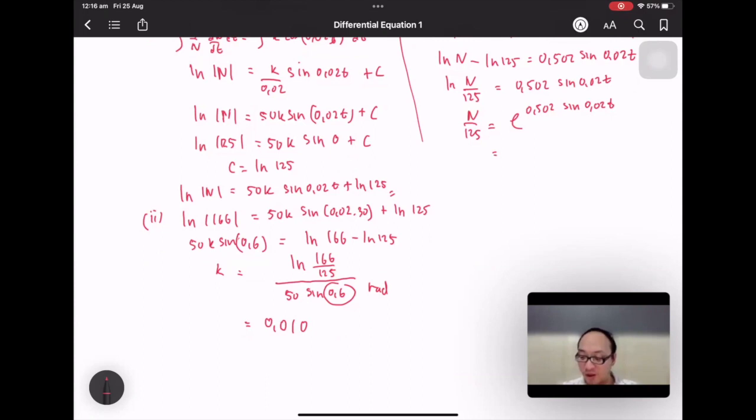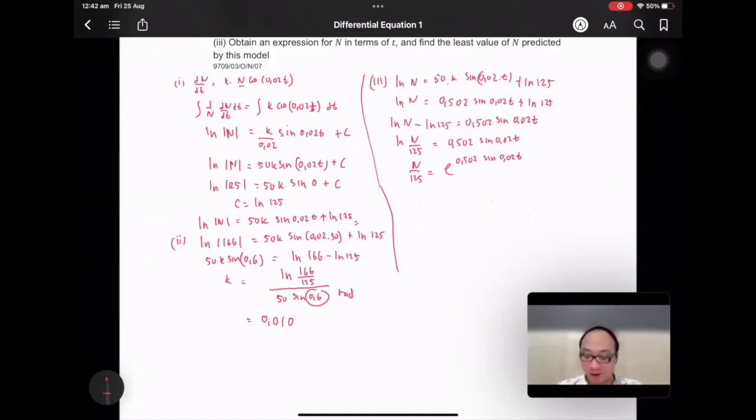So I can find the constant first. So N over 125 equals e to the power of 0.502, which I can change into 1.652 e to the power of sine(0.02t).